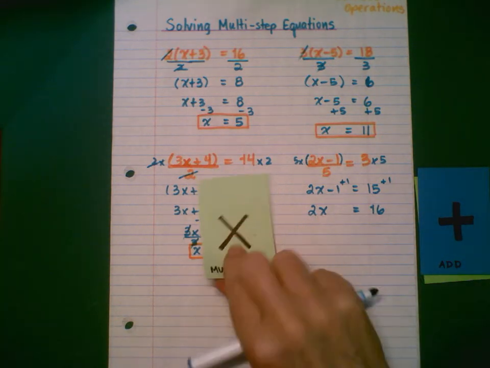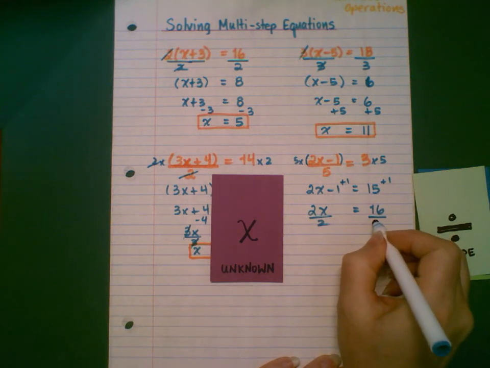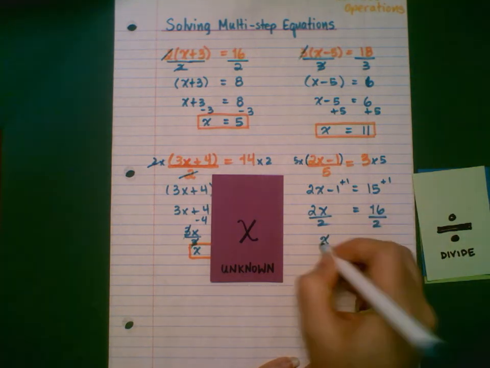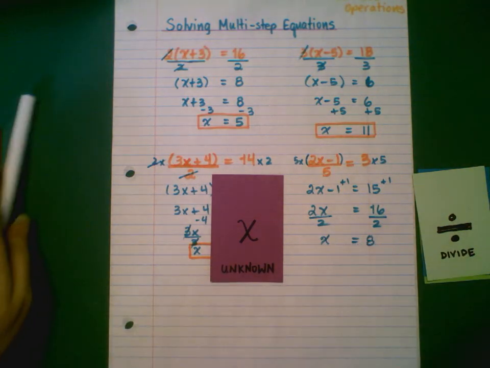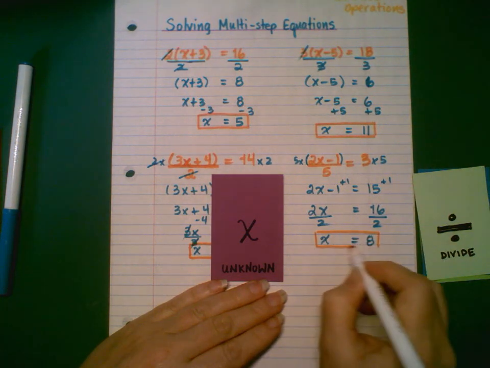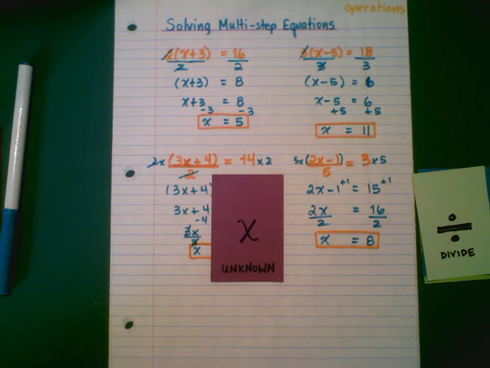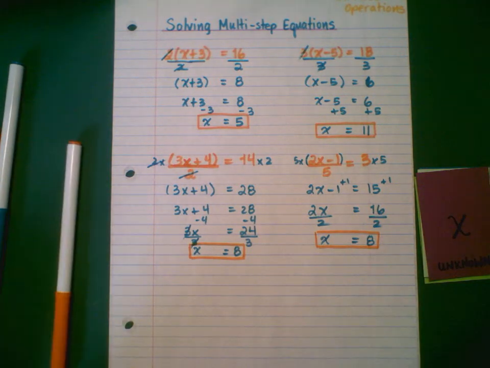So to get rid of it, I will divide. And I'm left with x equals 8 again. And that's how you can use cards to model solving multi-step equations.